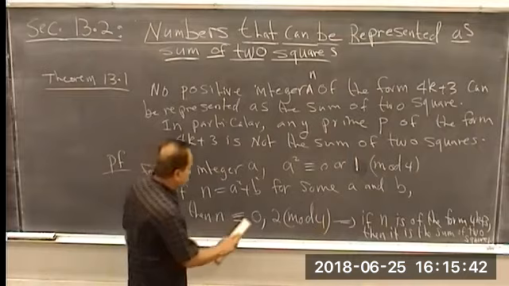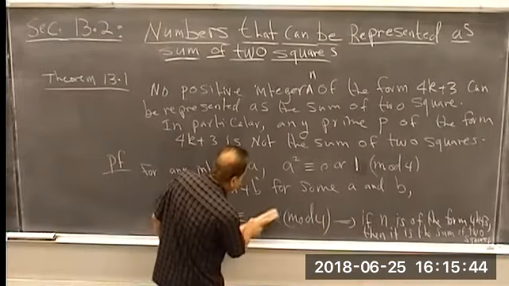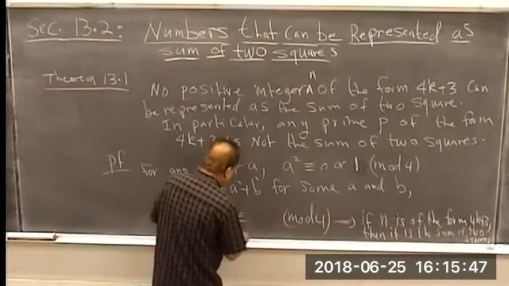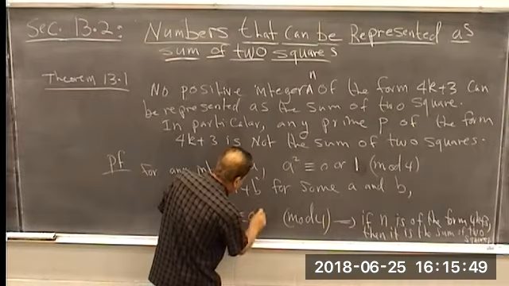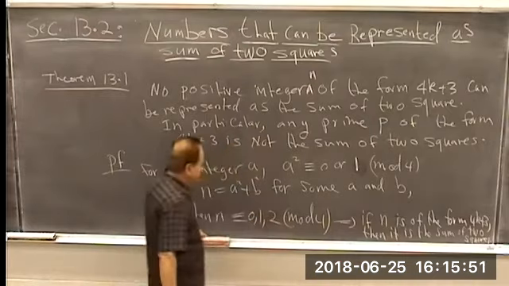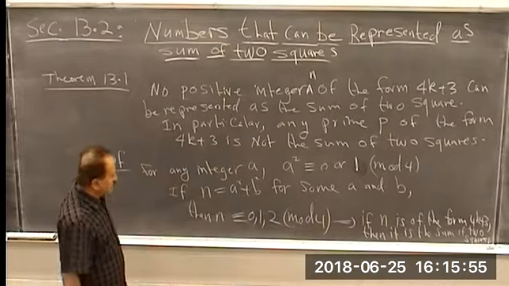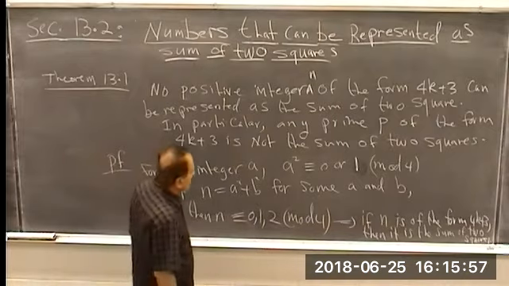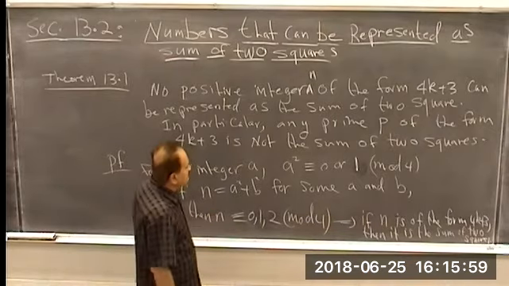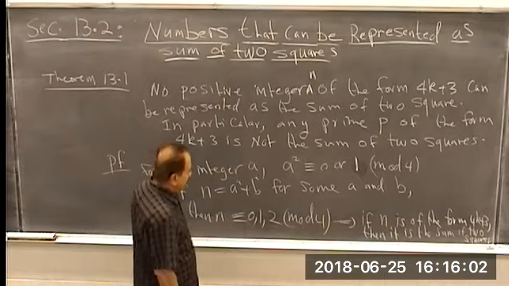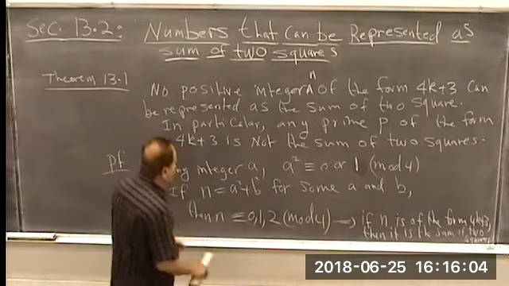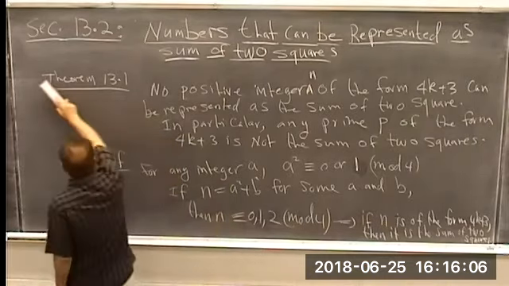And this means you can actually have three possibilities when we add them up: 0, 1, or 2. Anyway, n is not going to be congruent to 3 mod 4 to be a sum of two squares.